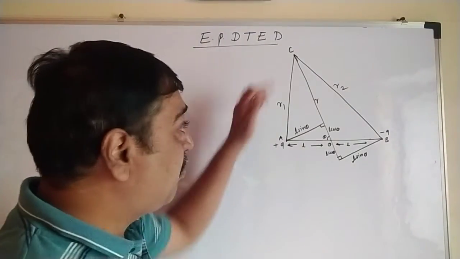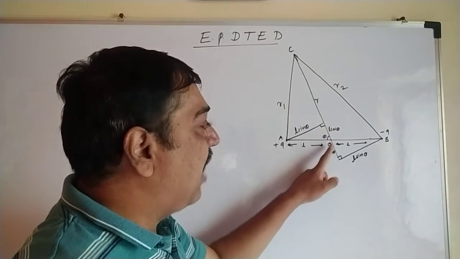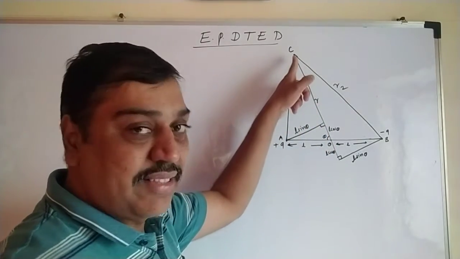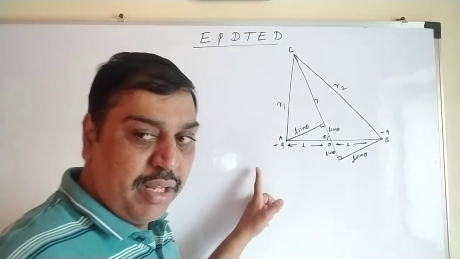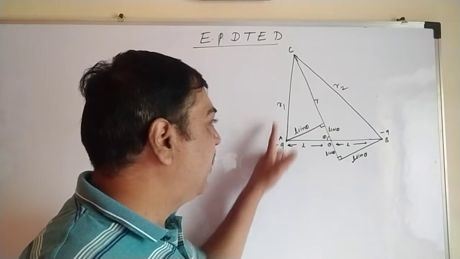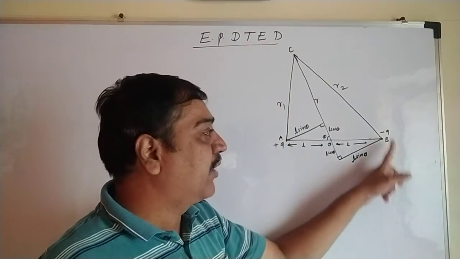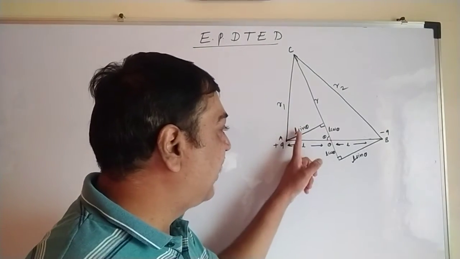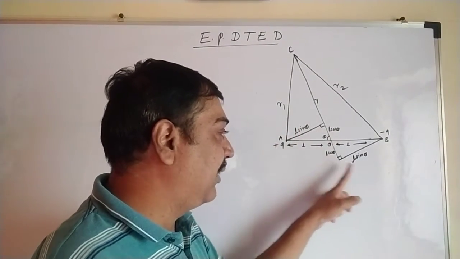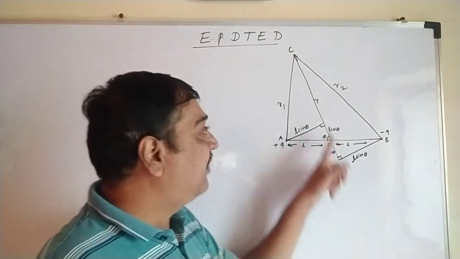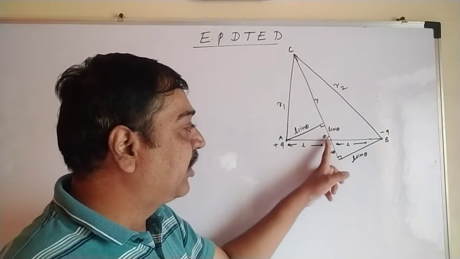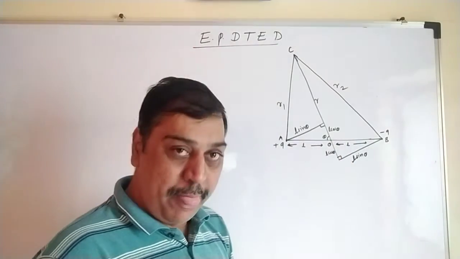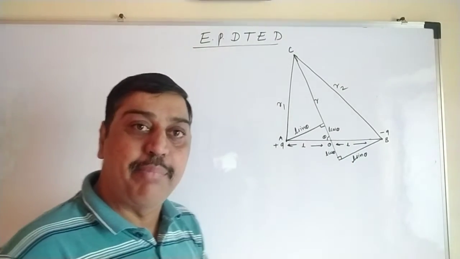Let's consider point C kept at a distance of R from O. The same point C is at a distance R1 from charge plus Q, and at a distance R2 from charge minus Q. In the diagram I have shown L sin theta and L cos theta, as point C is kept with an inclination theta with the electric dipole AB.